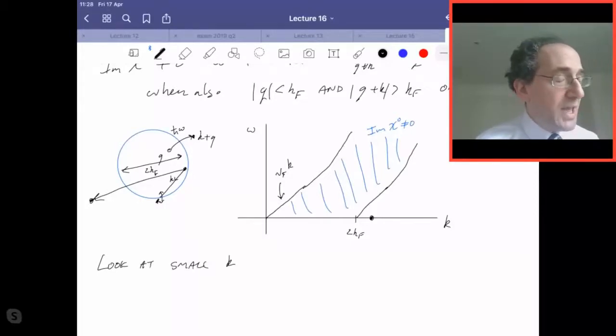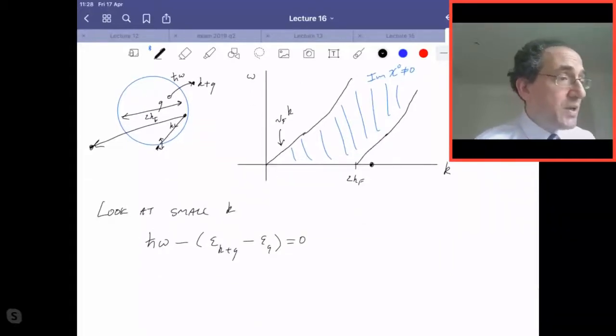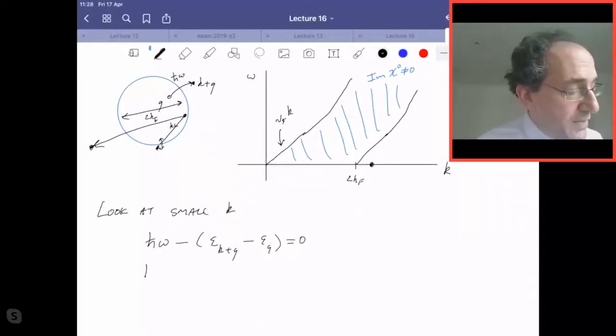And for small k, we want to make h bar omega minus epsilon k plus q minus epsilon q. We want this to be 0. But for k small, we can, well, okay, so let's write this out. H bar omega minus h bar squared over 2m, this is k plus q squared minus q squared. These are vectors. Minus q squared equals 0.